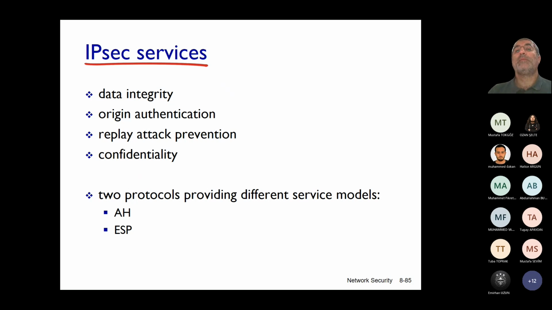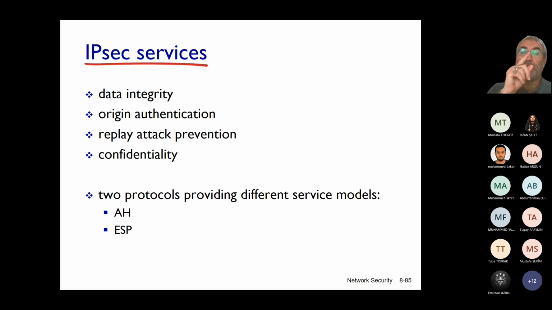So, what kind of services can IPsec provide? First of all, it can provide data integrity. We need to make sure that the data that you transmit is complete. So, for instance, this is a financial bank transaction. You're transmitting $1 million. Instead of this, it can be 3, then you are in trouble, right?